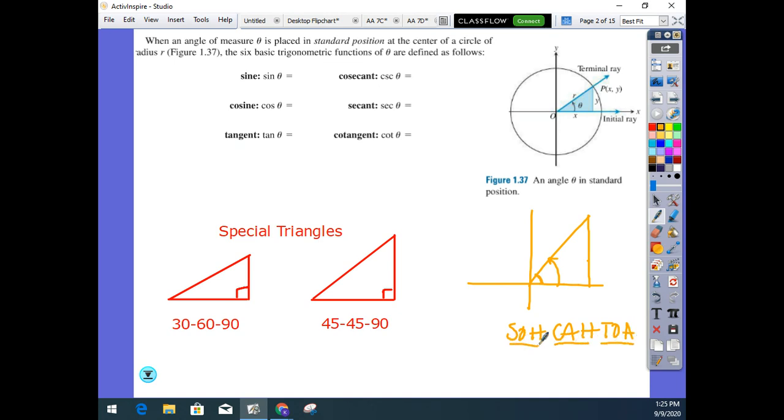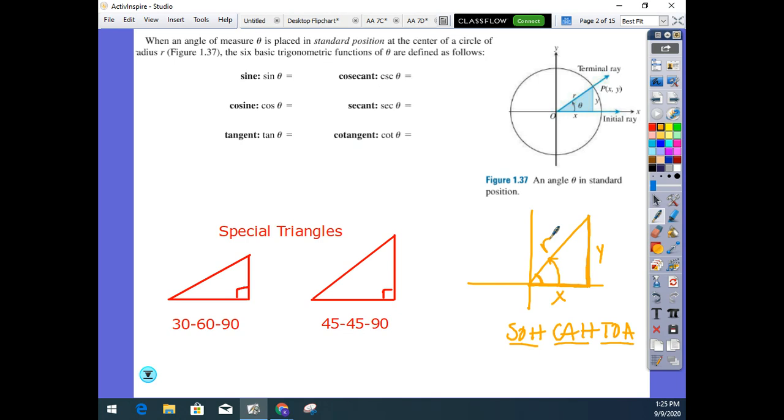We'll always think of things in terms of x, y, and r. My opposite is really my y value. My adjacent is really my x value. And my hypotenuse is always the radius in the unit circle.